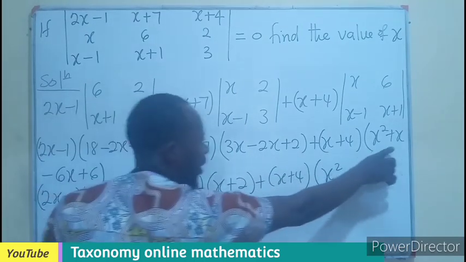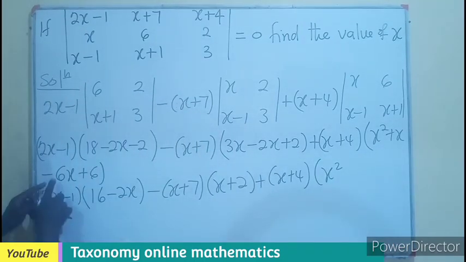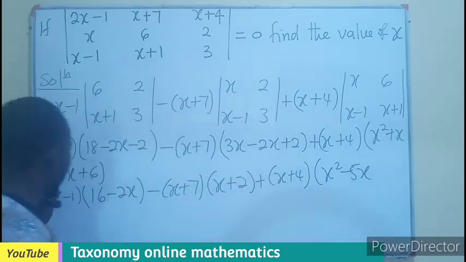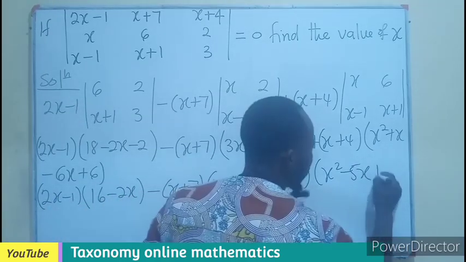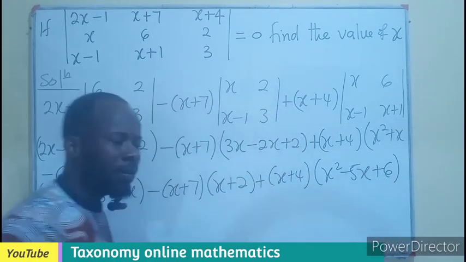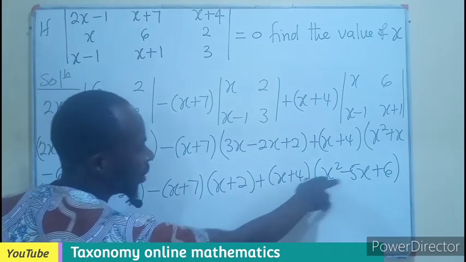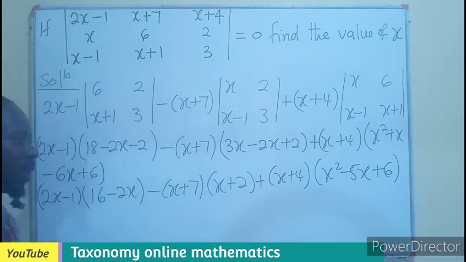We are having x minus 6x, meaning 1 minus 6. That will give us minus 5 of the x. Then we add our plus 6. So now we are having a product of a binomial, then a binomial and trinomial. So we have to expand further.